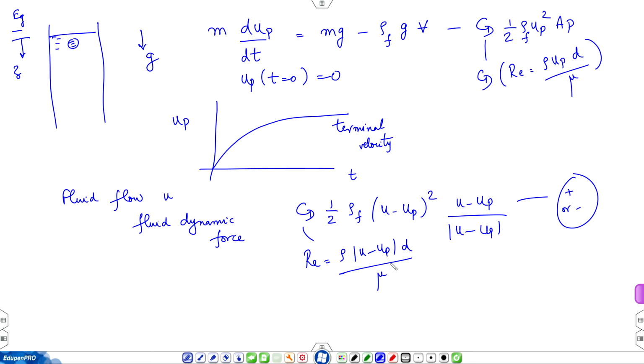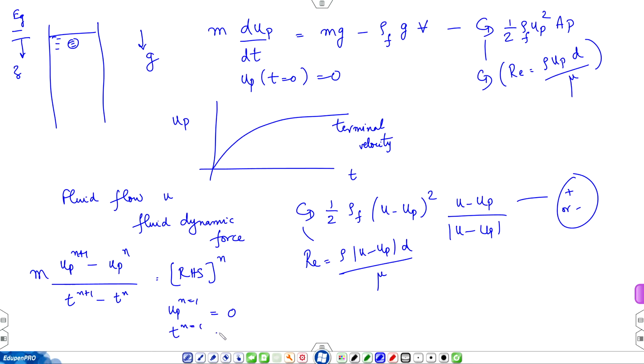But how do you integrate? One possibility is to replace the derivative. So, now where n is the time instant, you can write u p at n equal to 1 equal to 0 and t n equal to 1 equal to 0.